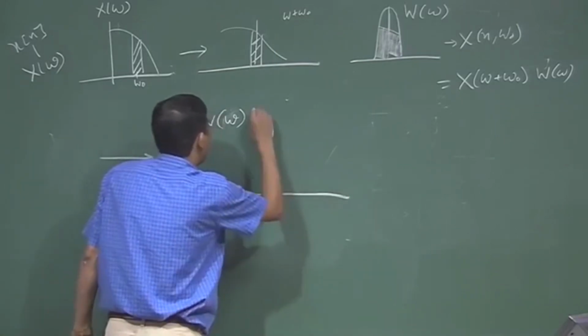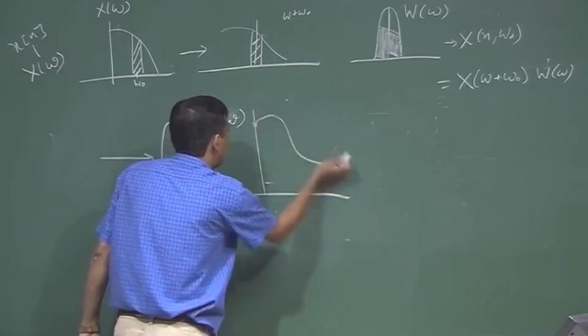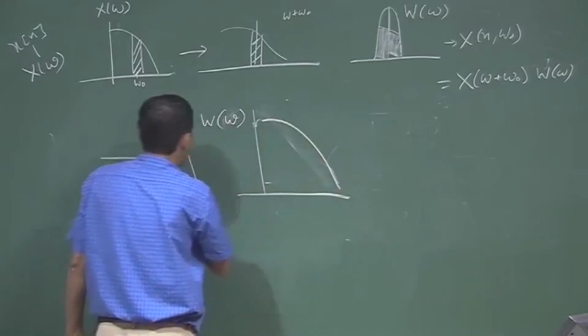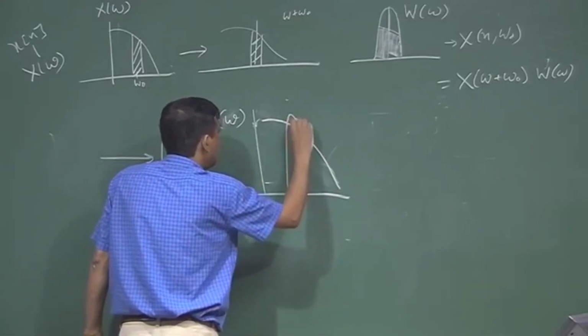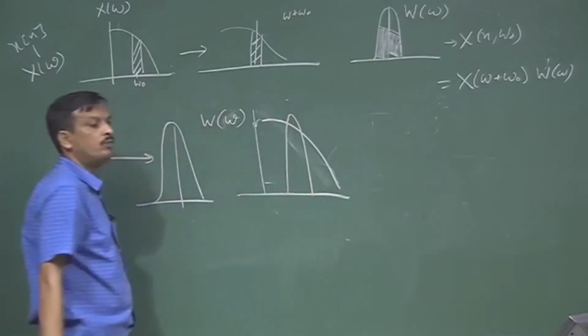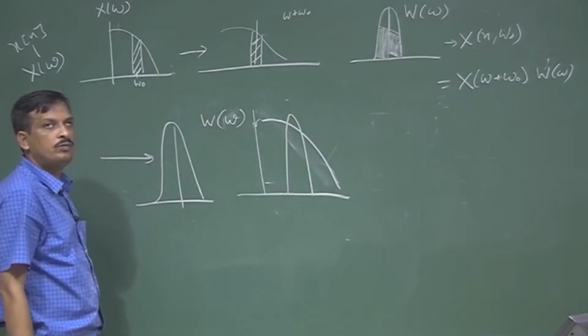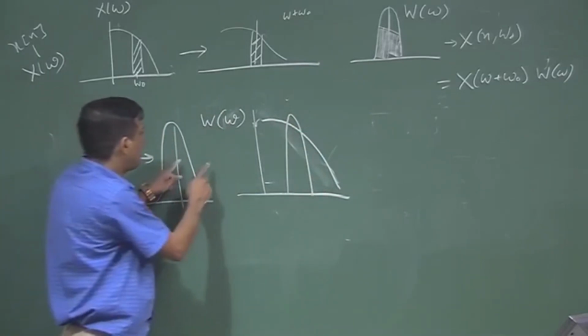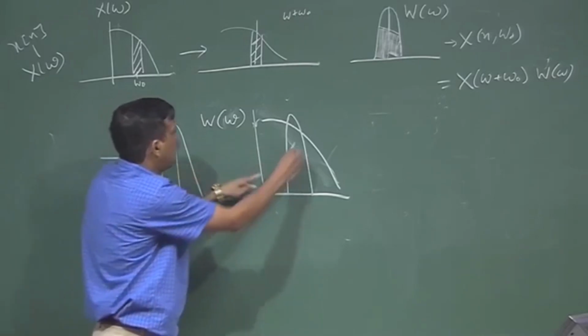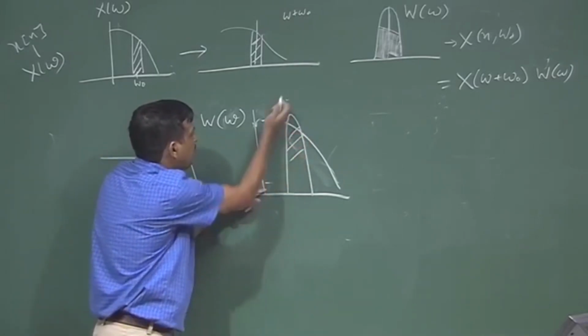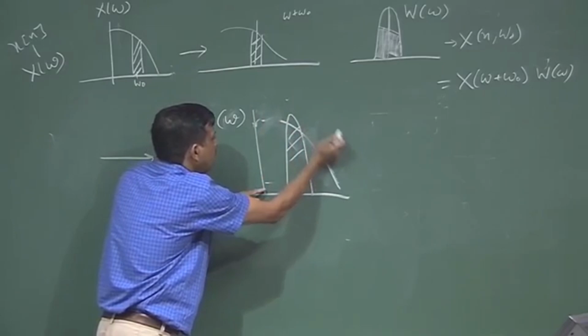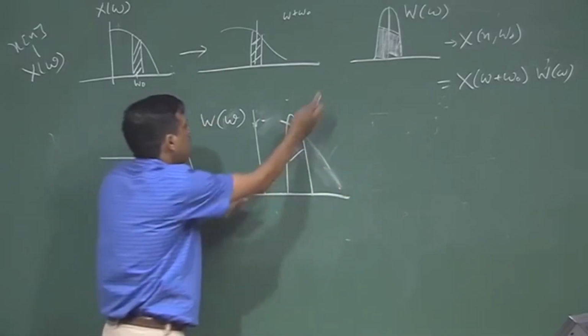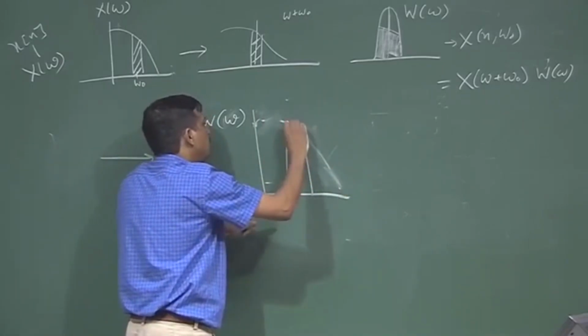If the baseband signal's frequency response is this one, then this window will come here. When I pass the signal through this, this portion will be there and the rest will not be there.